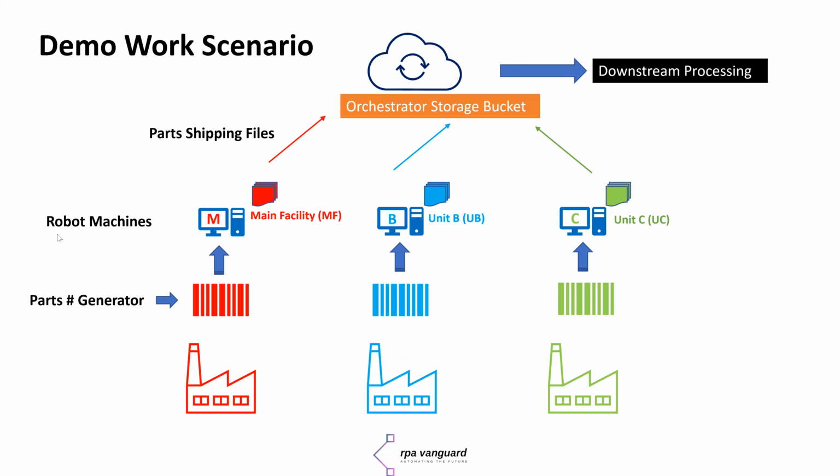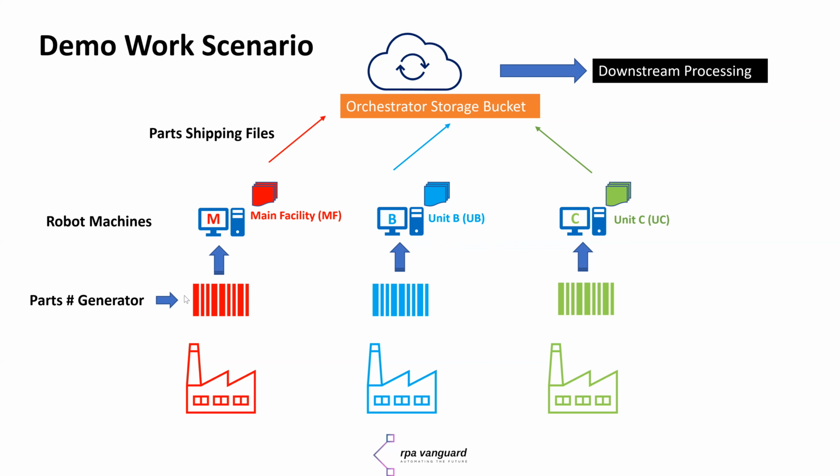Now, the facility has robot machines executing under a named user account, right? In the main facility, it's the admin user account. In Unit B, it is the support named user account. Now, the robots are in one way or another involved in handling the parts list that is generated for that day.